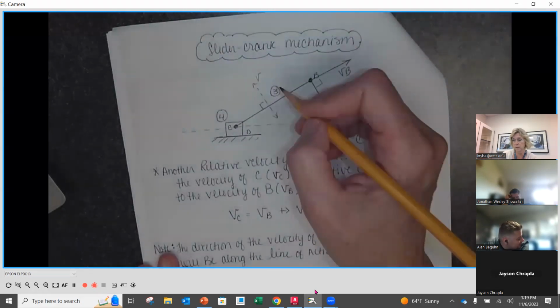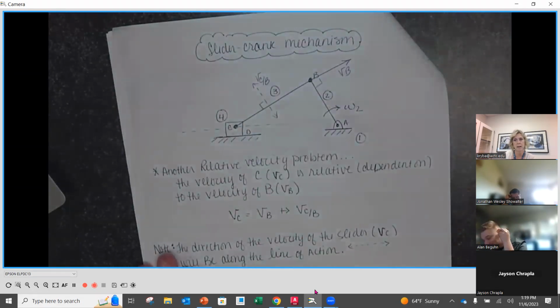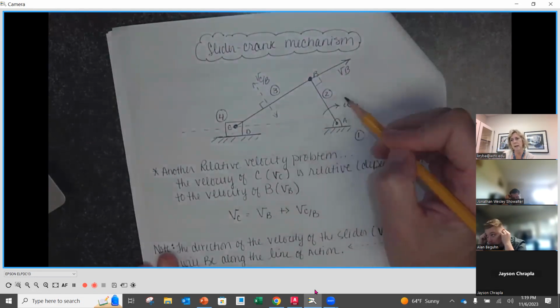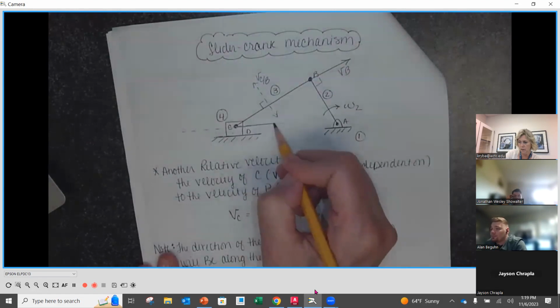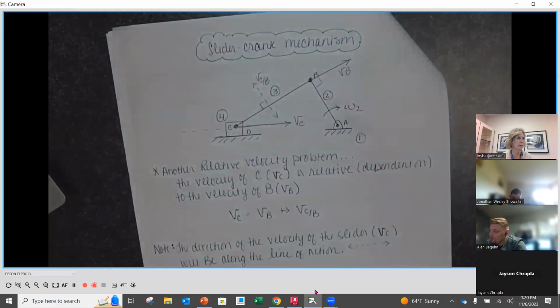We'll get that when we do our vector equation, but this is going to be C relative to B. And then at this instant in time, if this is going in a clockwise direction, we're pretty sure the velocity of C is going to go to the right. Would you agree? At this instant in time? But it can only go in a horizontal direction.